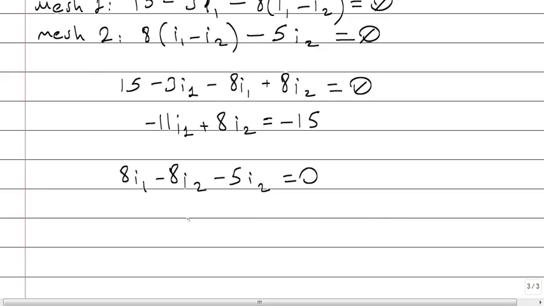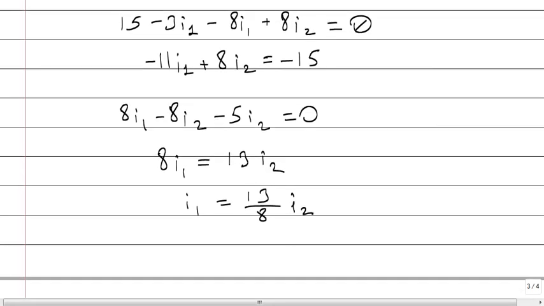Okay. So 8 I1 is equal to 13 I2. I1 is equal to 13 divided by 8 I2. So I will use the back substitution technique. I will use equation 2 in equation 1. Okay.